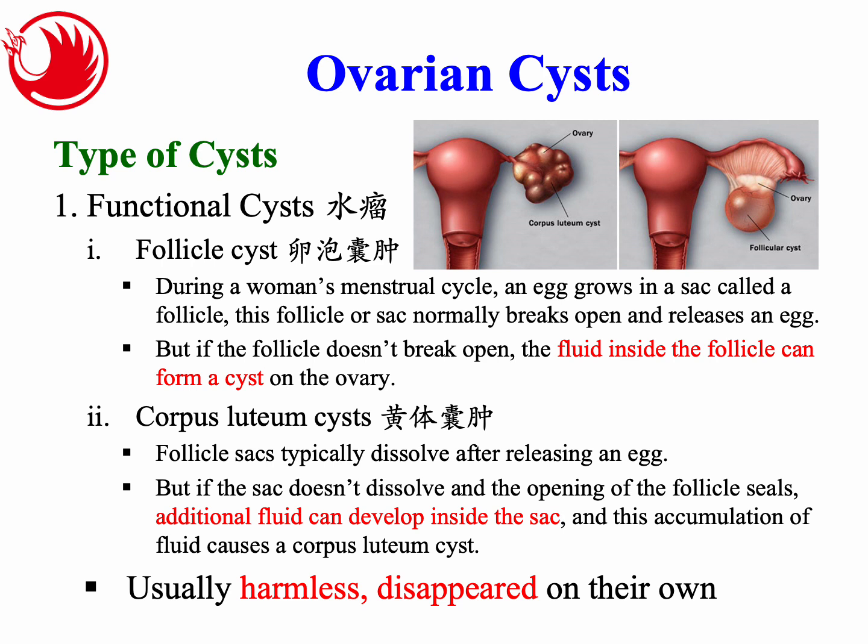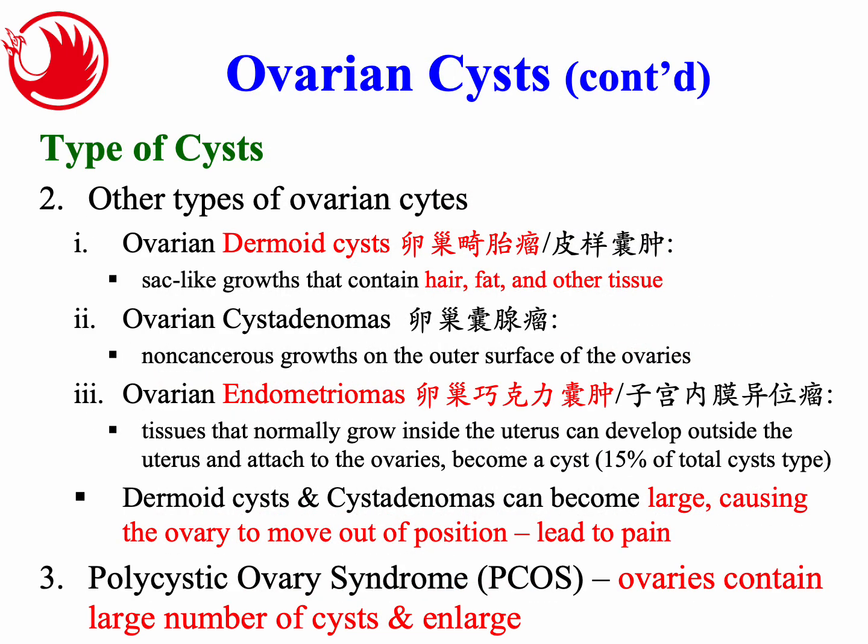Continuing, if you look at another type of ovarian cyst, it's the ovarian dermoid cyst. It's a sac-like growth on the ovaries, and this one contains hair, fat, and other tissue. Why?